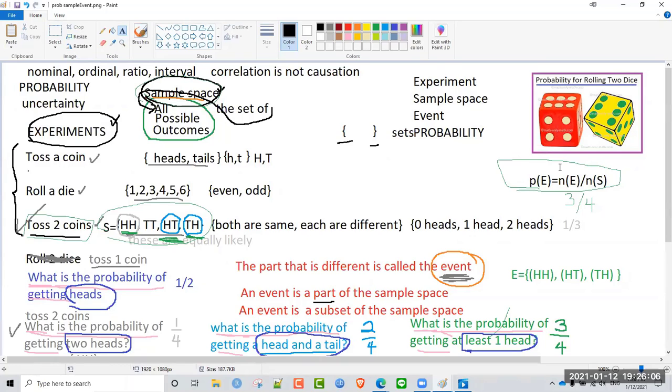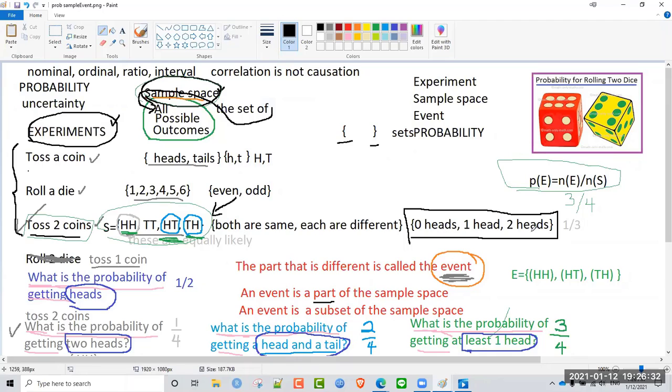Now, one thing, does this always work? No, this formula doesn't always work. For example, suppose I had used this as the sample space instead of this one.